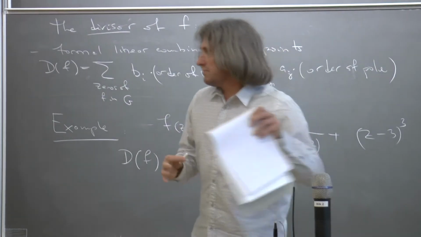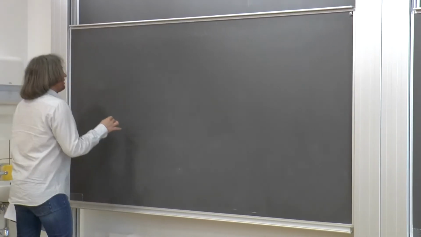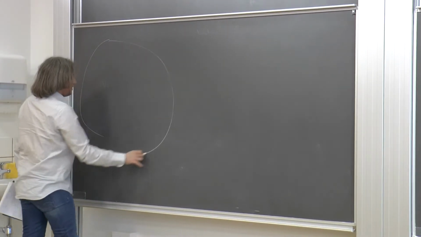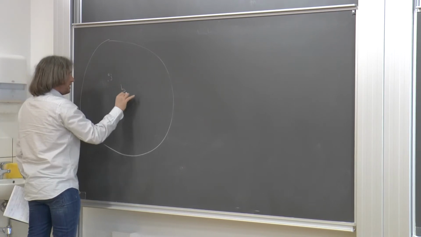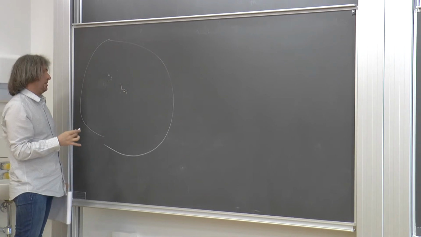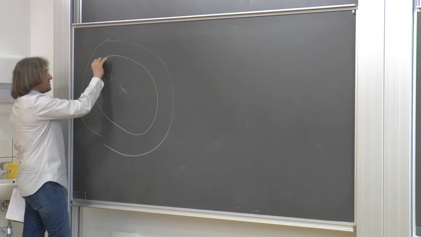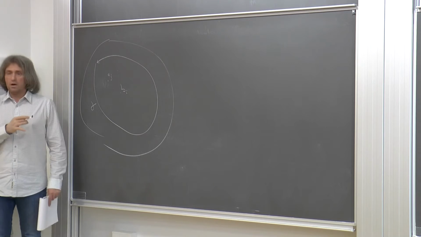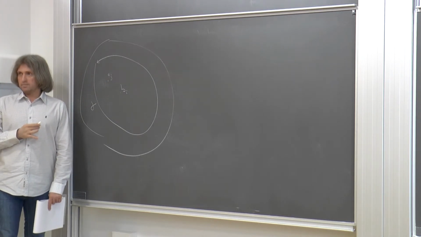So now we come to the theorem. And maybe I'll again draw a picture. We have this area G, and then we have these points aj and bi, the zero points and the pole points. And now we take a simple closed path gamma which contains inside all these points, both zeros and poles.